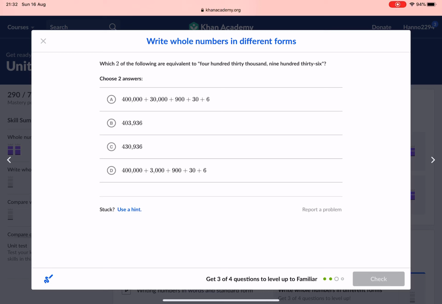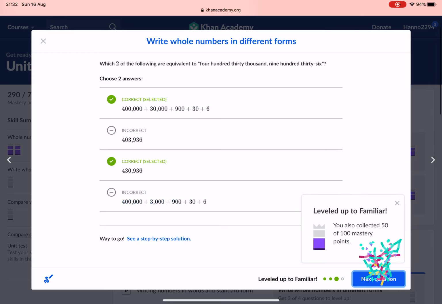Which two answers again of 430,000, 430,936. Okay, this one definitely. Is this one another one? No, because the 3 has to be in the 0 place, which is not. Maybe C? Yep, it's C. Second check.